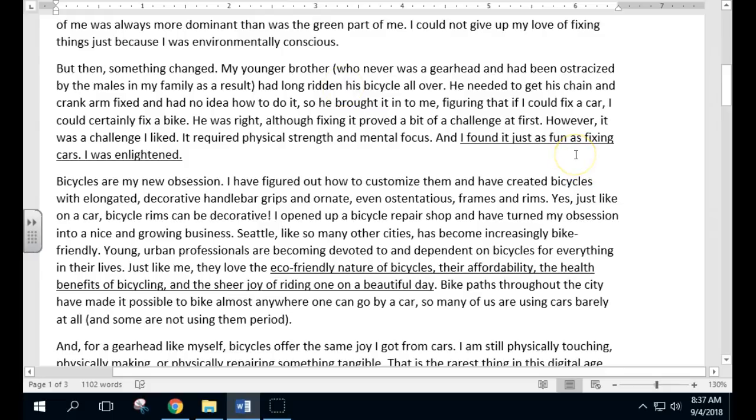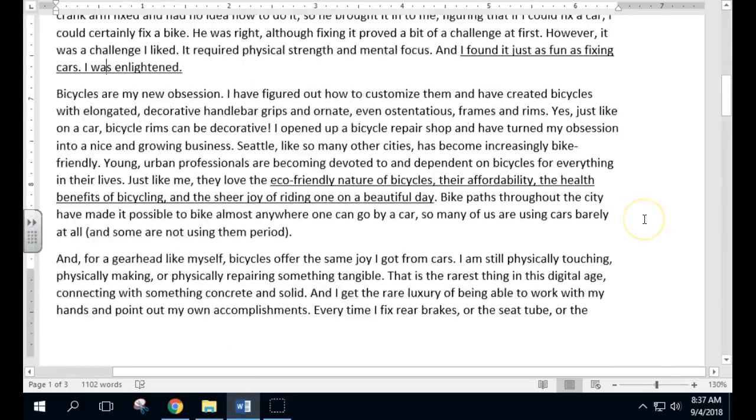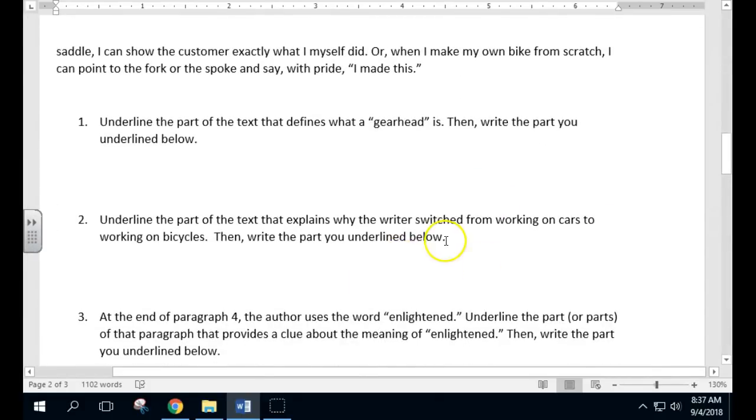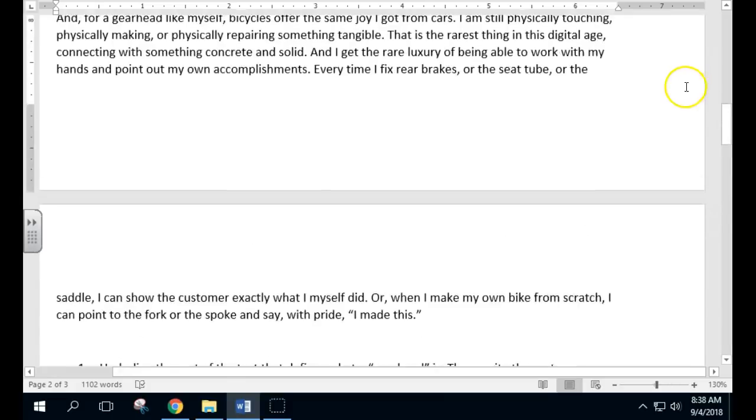He found that it was just as fun as fixing cars. "I was enlightened," he said. So I think this is the part he was referring to. This is how he was enlightened. He sort of went, oh my gosh, wow, I can have just as much fun on bicycles as cars. So anyway, that's the way it goes back and forth from the instructions for the annotation to what was marked.